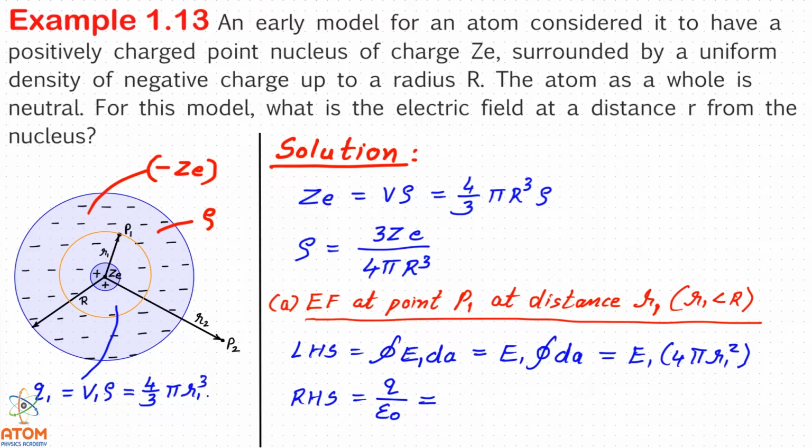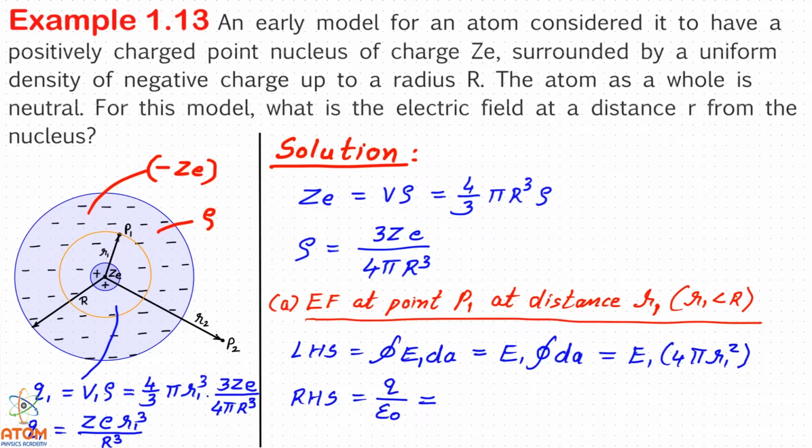So that will be 3Ze upon 4 pi capital R cube. Obviously, you will get Q1. See, 4 pi and 3 will be cancelled out. So the remaining term is Ze R1 cube upon capital R cube. So this is the equation of Q1.